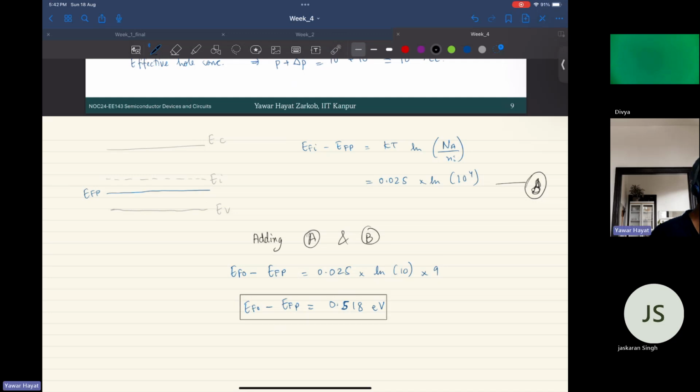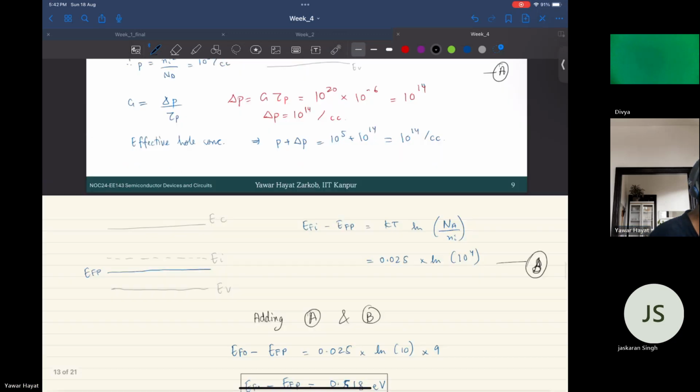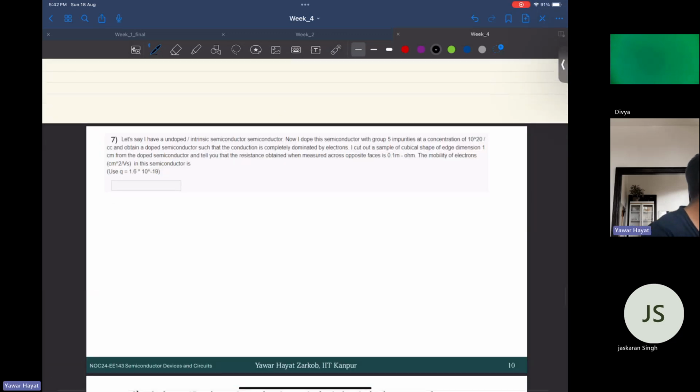This part is done. Now question number 7. In question number 7, let's say we have been given an undoped intrinsic semiconductor. Now, if we dope this semiconductor with group 5 impurities at a concentration of 10 to the power 20 per centimeter cube, we obtain a doped semiconductor such that the conduction is completely dominated by electrons.